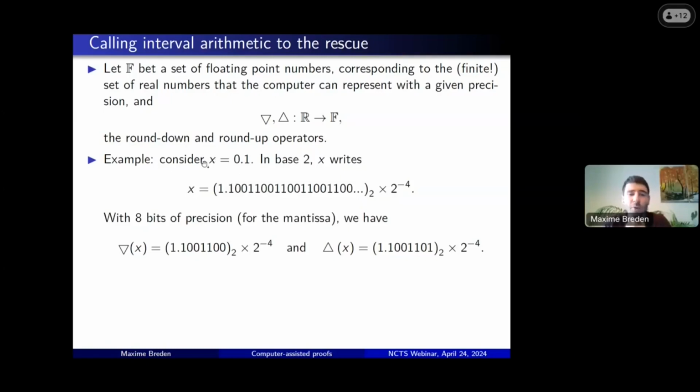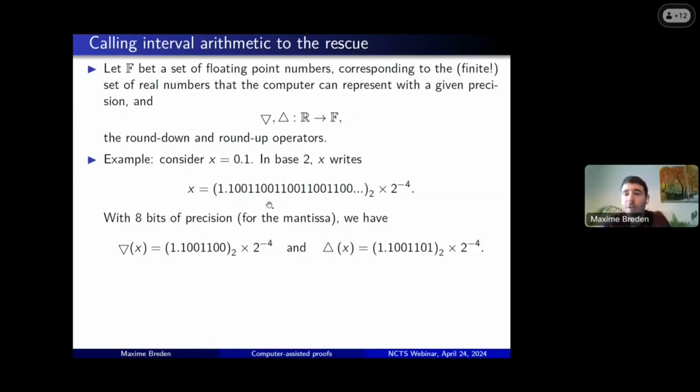As an example, when you type x equals 0.1 in your favorite language, what actually happens is, of course, it's first turned into base 2 because the computer works in base 2. And in base 2, 0.1 unfortunately doesn't have a finite expansion. It has infinitely many digits where the block 1100 is repeated. So the computer cannot deal with that. It has to truncate.